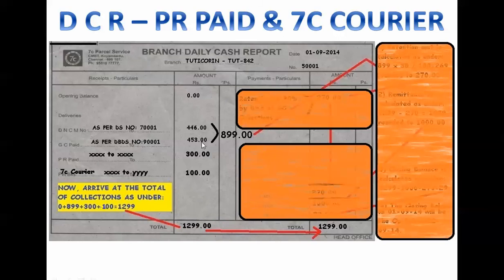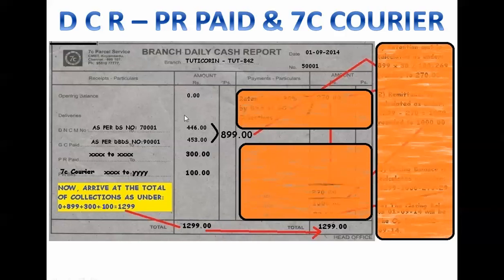Here, what is important is you will have to make a subtotal of all the GC collections, that is GC to pay, that is DS collections, and the DBDS collections. The subtotal comes to 899, that is 446 plus 453 is 899. While making the total here, this is the total of the collections. The left side of the DCR shows the total of the collections which Tuticorin has collected.